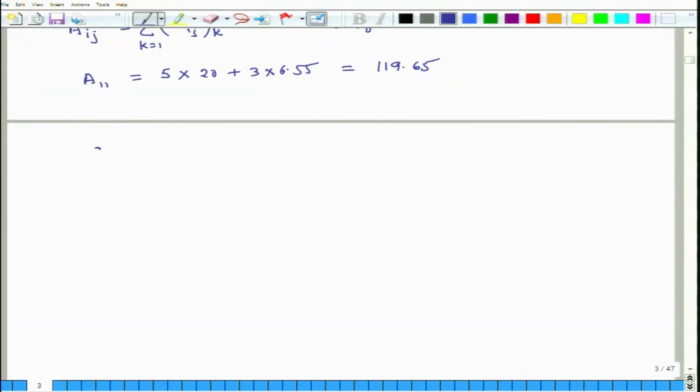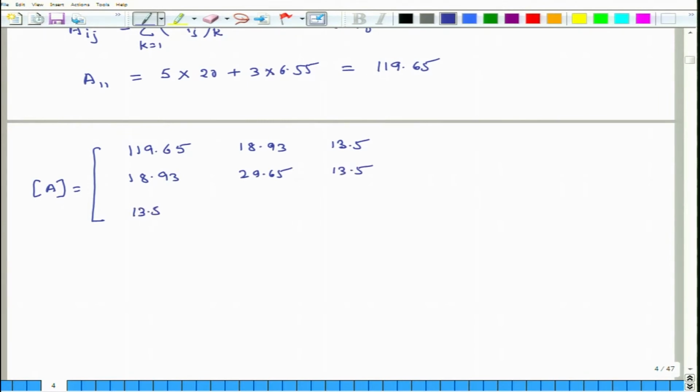So, your A matrix is this: 119.65, 18.93, 13.5; 18.93, 29.65, 13.5; 13.5, 13.5 and 18.95.